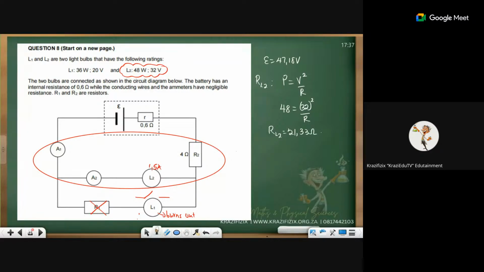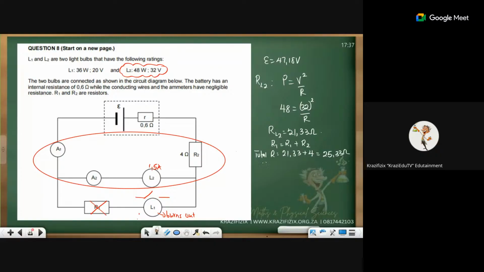Now, what is the total resistance? 21,33 plus 4. Remember, let's write the formula as well. R total is R1 plus R2. This gives us 25,33.